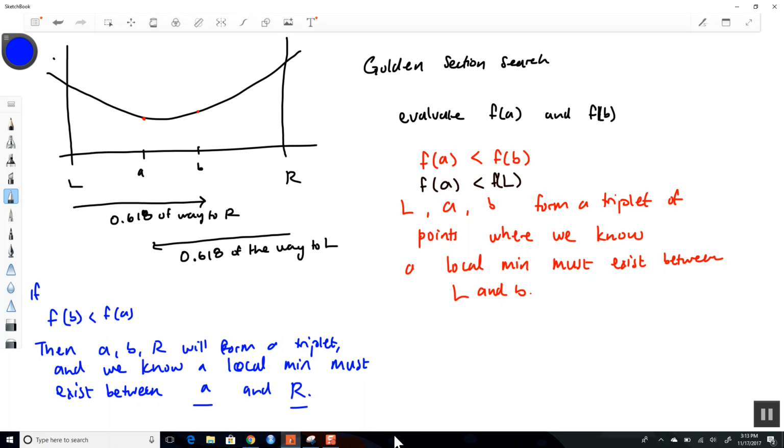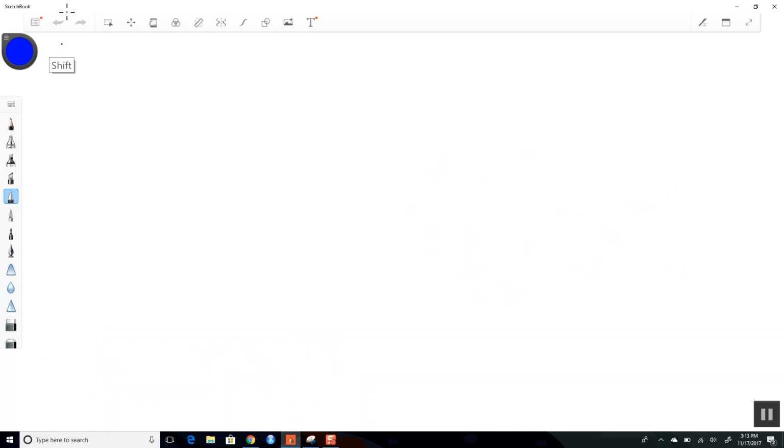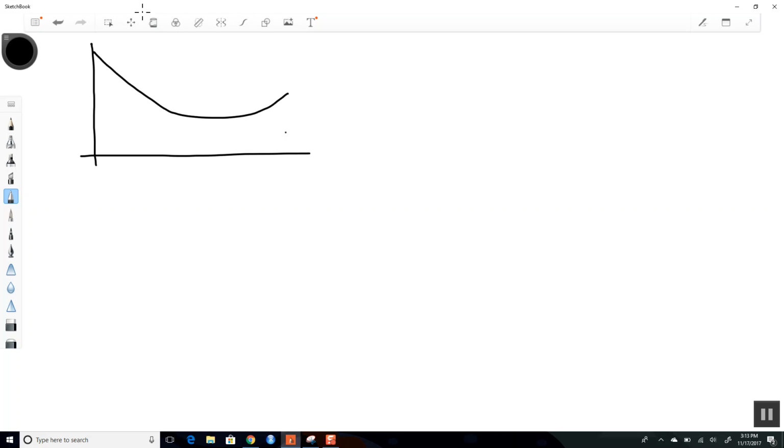If we redo this, in this case, according to our picture, f of A is less than f of B, so we have something like this now. This was L, and this is A, and this is B. L is going to remain L. B is going to become our new right bound.